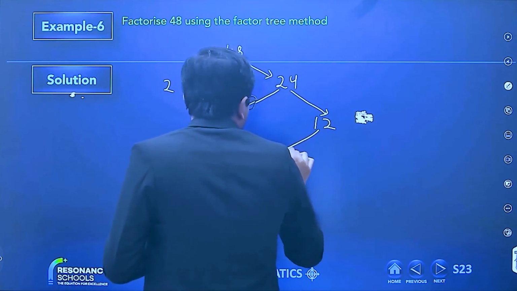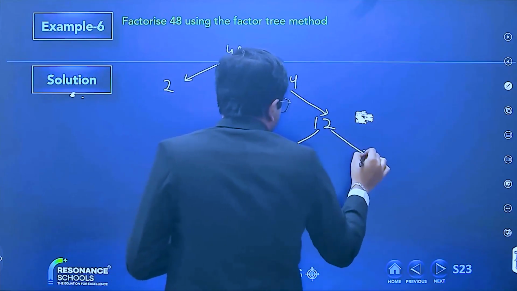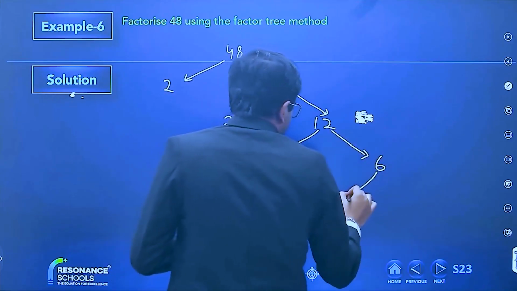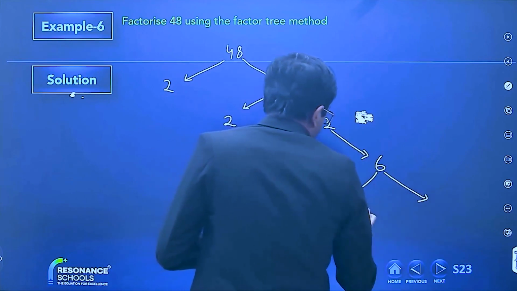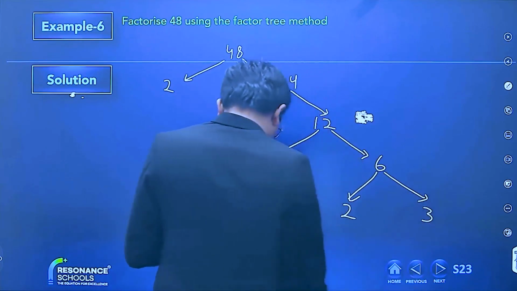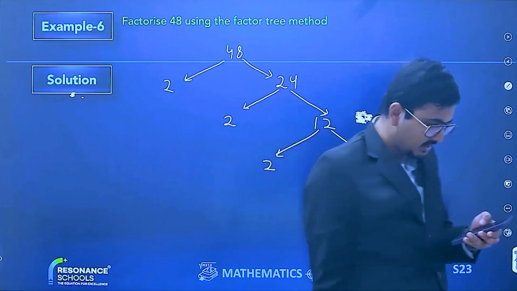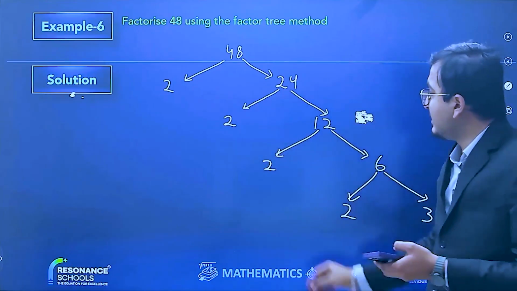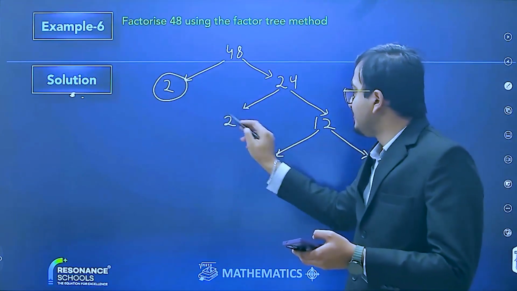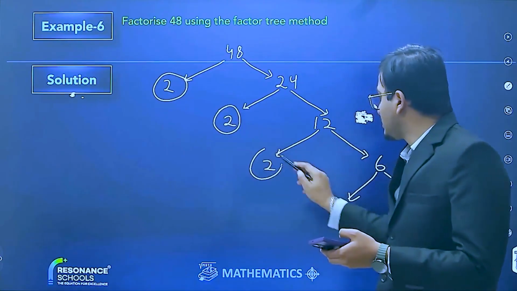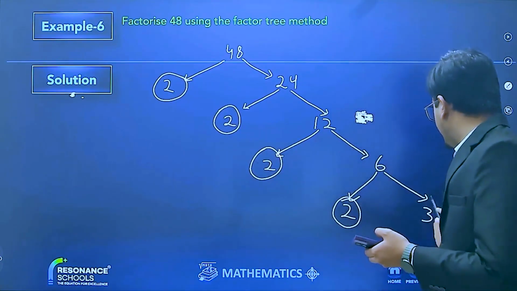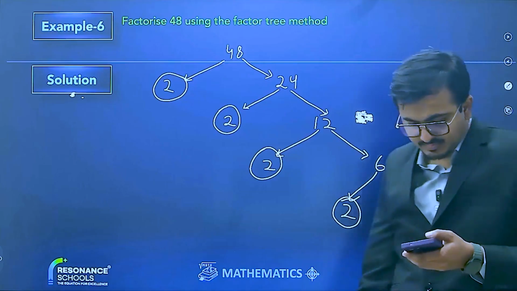Again 12, I am writing as 2 into 6. Again 6, I am writing as 2 into 3. Clear? So these are the factor trees. What are the factors? 2, 2, 2, 2, 3. Clear?